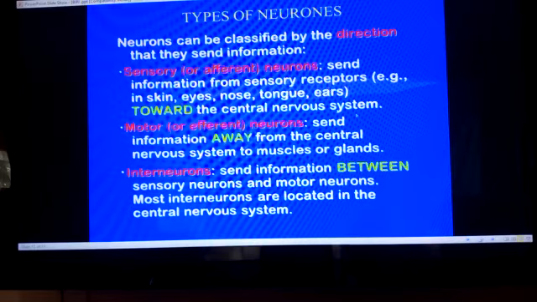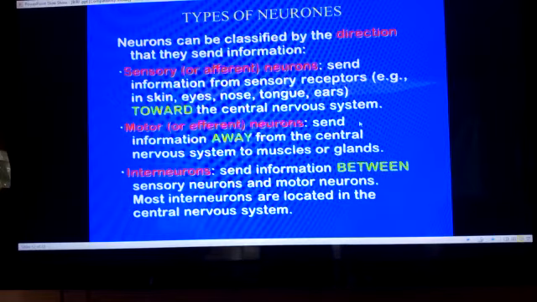Sometimes we call it the afferent neuron. Its main role is to pick up impulses and send them from the receptor cells that can be found in the skin, the eyes, the nose, the tongue, the ears, etc., all the way to the central nervous system.